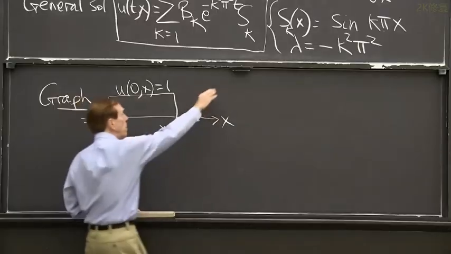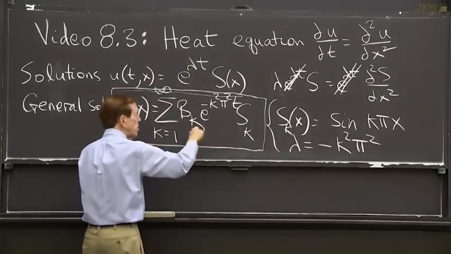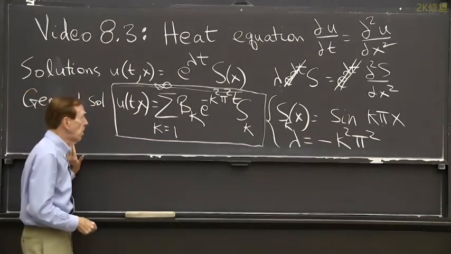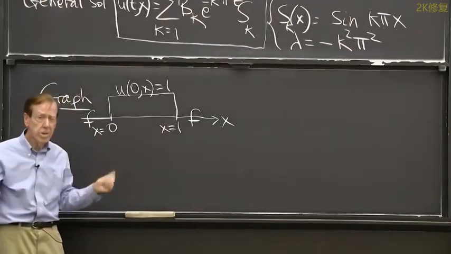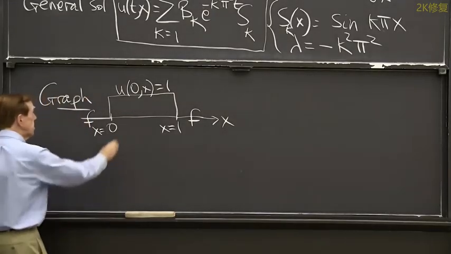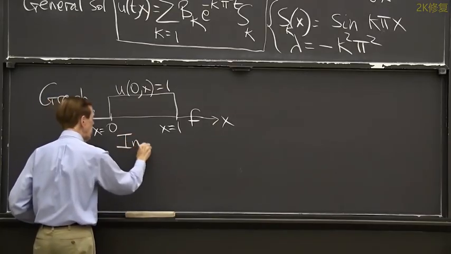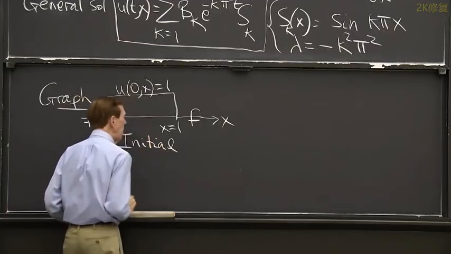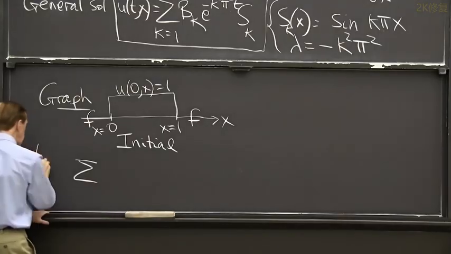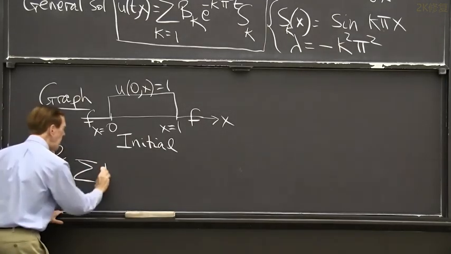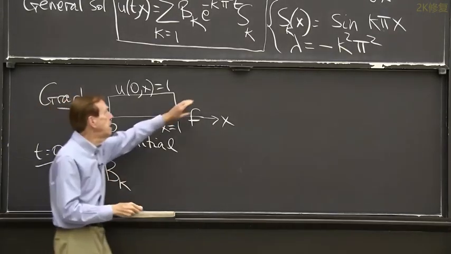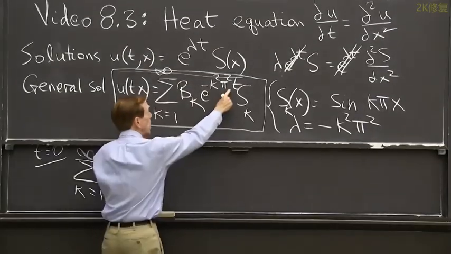And the solution will be this. Let me remember what the general solution looked like, and I have to find these numbers. And those numbers, of course, are always found by matching the initial conditions. This is the initial picture. So I have to match that, so this is t equals 0. I have to match the sum of b_k, this is k going from 1 to infinity.